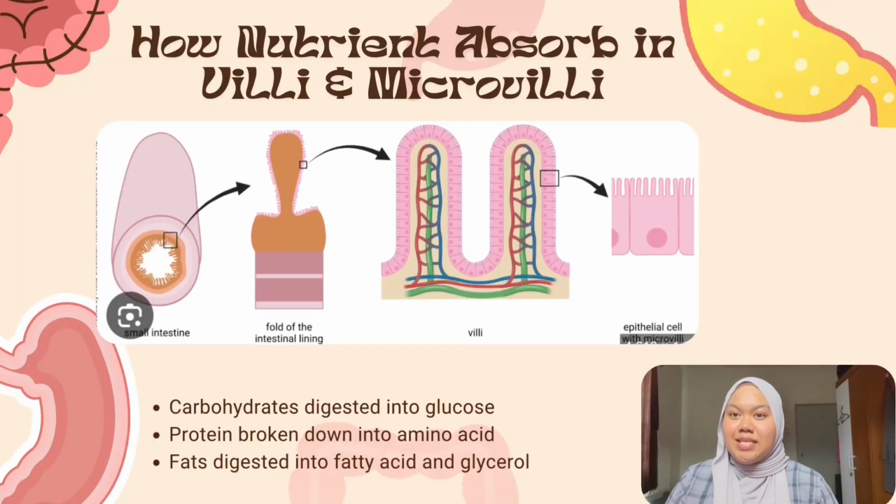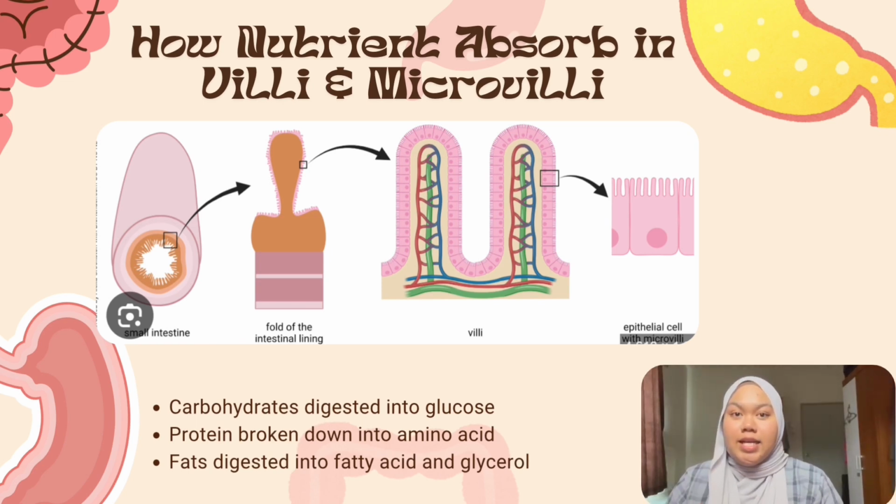Hi, my name is Ismahani binti Lahari. Today I will explain to you guys how nutrients are absorbed in the small intestine. You might think the small intestine only has a thin cell wall, but you are totally wrong, because the small intestine has an interesting structure we call villi and microvilli.